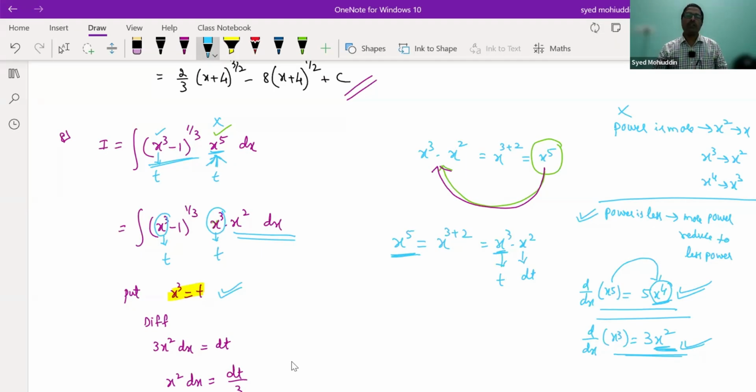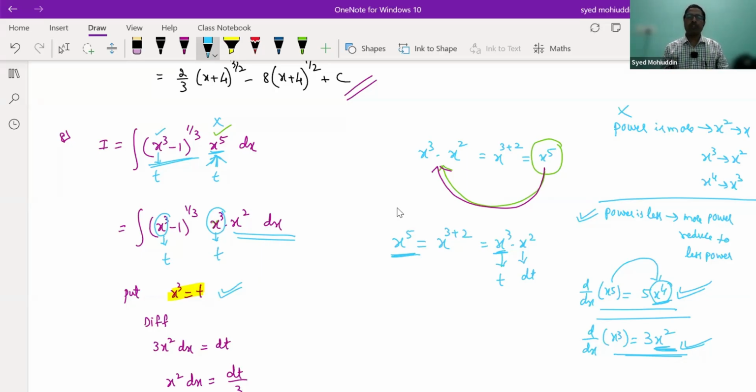Getting it? Just by seeing the problem, you'll not be able to get it. You have to check 2 to 3 steps to arrive at which value has to be taken as t. Just try to practice this once again at home. Try to change the powers and see what other possibilities you get.